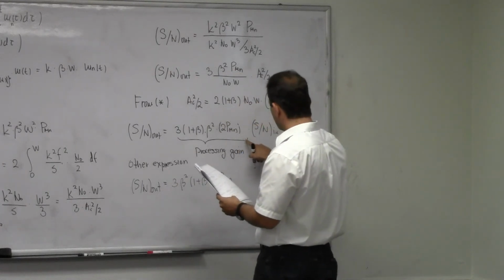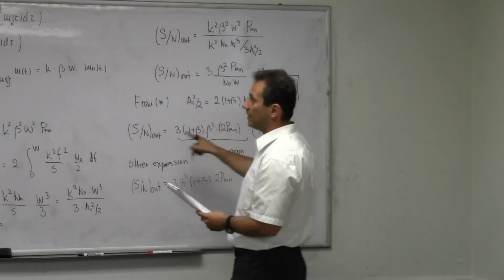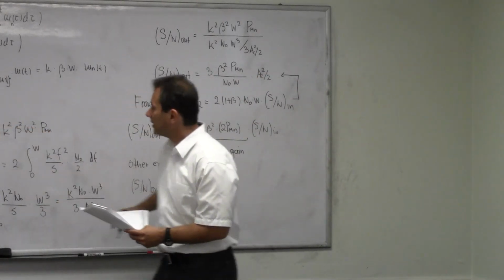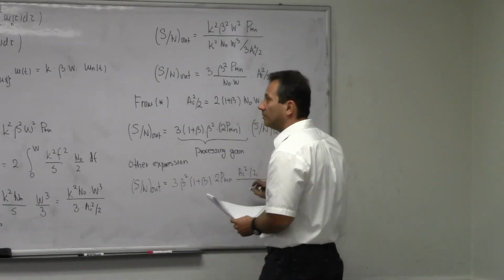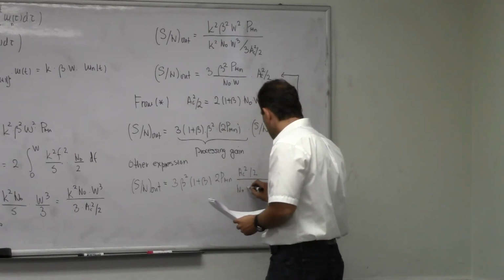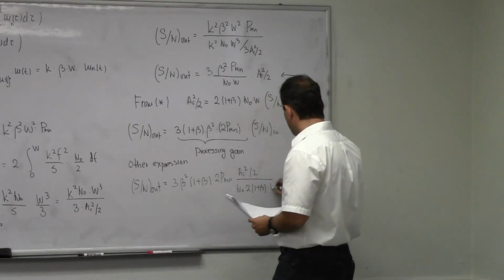And then instead of signal to noise input, I write what I have over there, right? Ac squared over 2 divided by N0 times 2 times 1 plus beta times W.